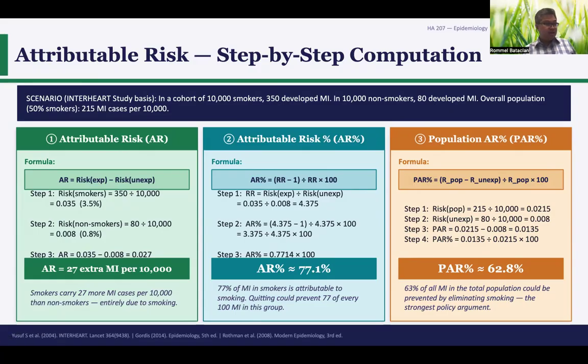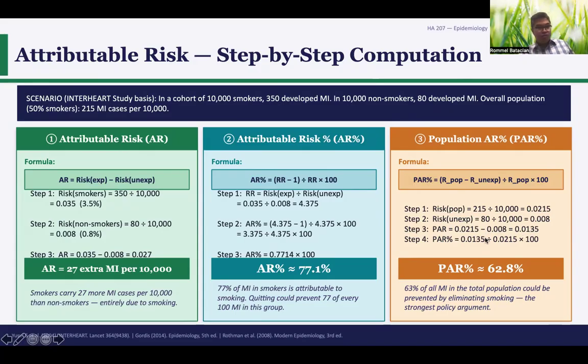So that's 0.0215. And then the next is what is the risk of those unexposed? So unexposed, the non-smokers, 80 divided by 10,000. So it's 0.008. And then you would subtract the two risks. So 0.0215 minus 0.008 is equal to 0.0135.